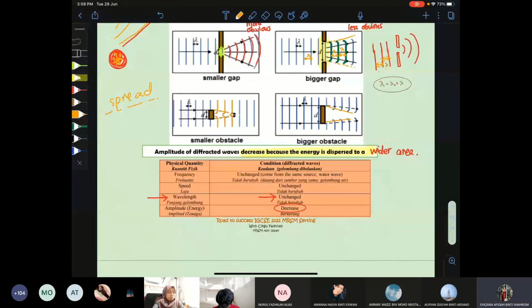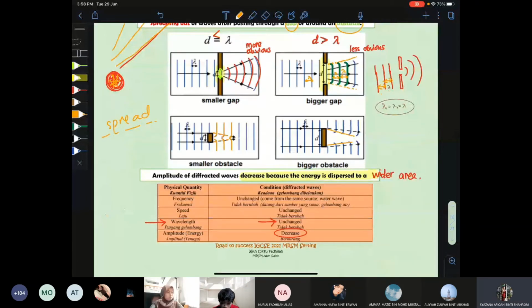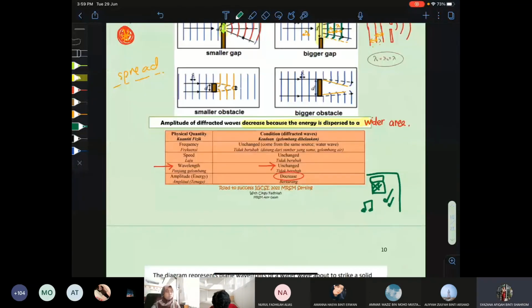Contohnya awak dengar radio. Diffraction ni always happens, kan. You are in your own room. Okay, awak dalam bilik pasang radio kuat-kuat. Beri cikgu lukis. Okay, so mak kat dapur, dengar awak pasang.